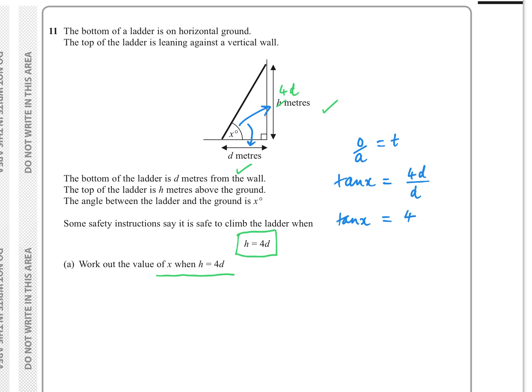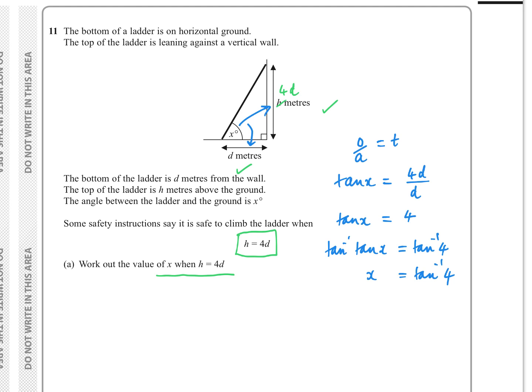So what we're trying to do is find the inverse operation. So we do tan minus 1 both sides, or you'll probably just press the tan minus 1 button straight away on your calculator. Make sure it's in degrees, and we have x is tan to the minus 1 of 4. Let's have a look what that will give.